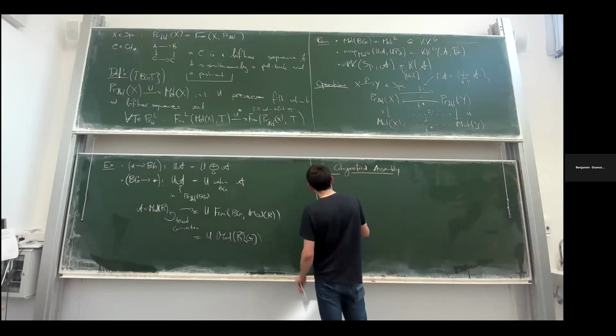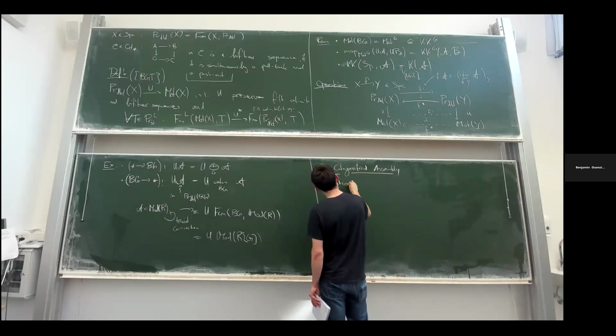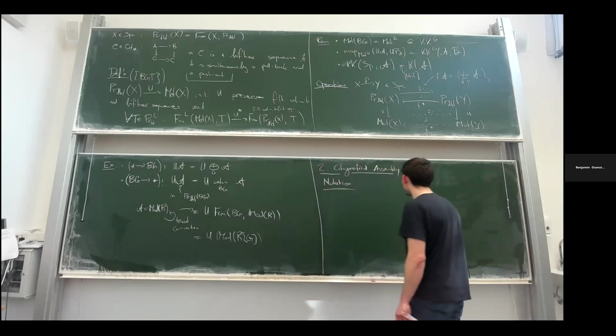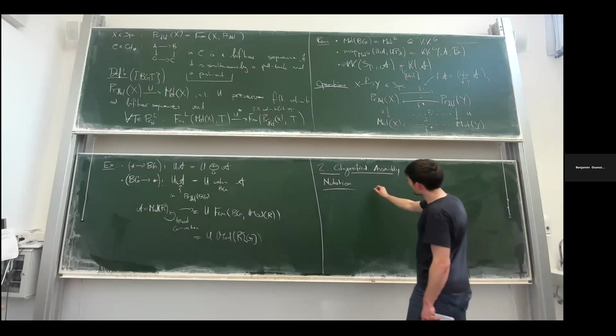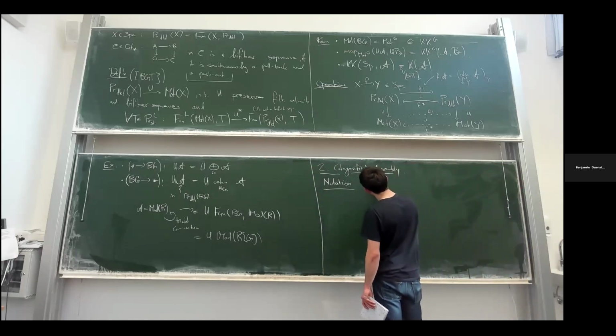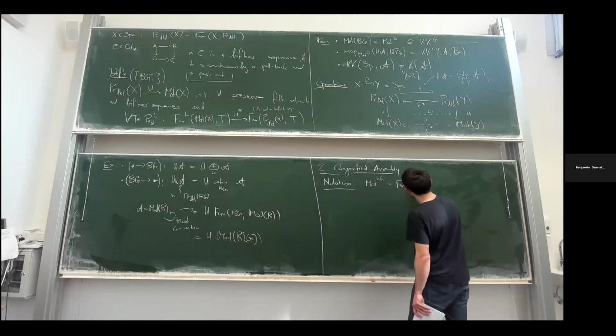Notation: I want to write Mod to the HG just for the category of motives with G action.